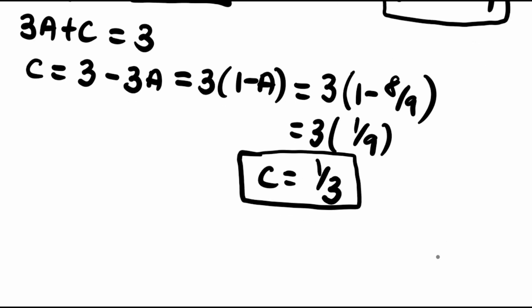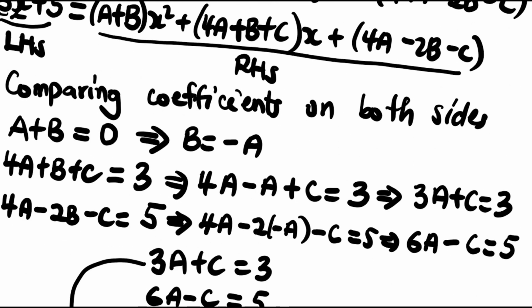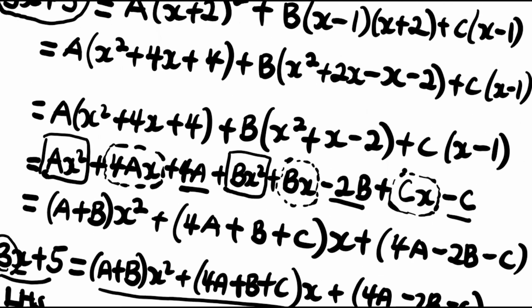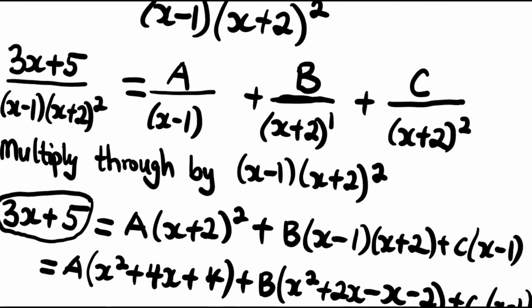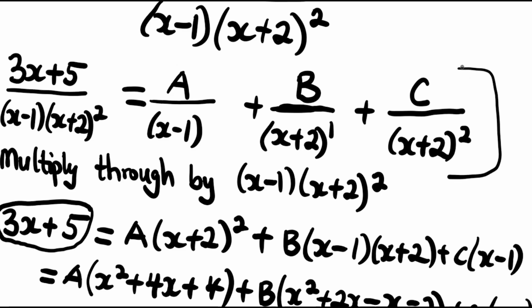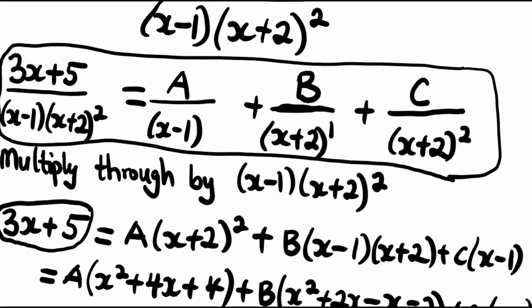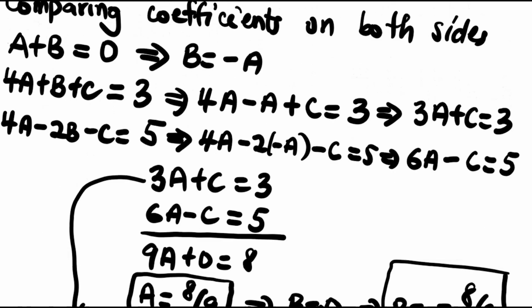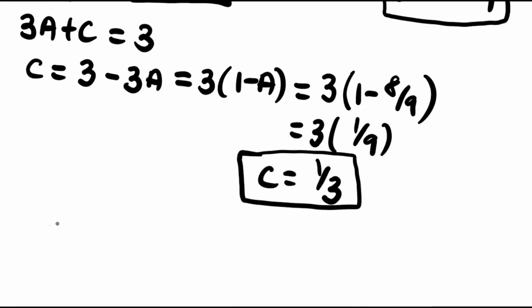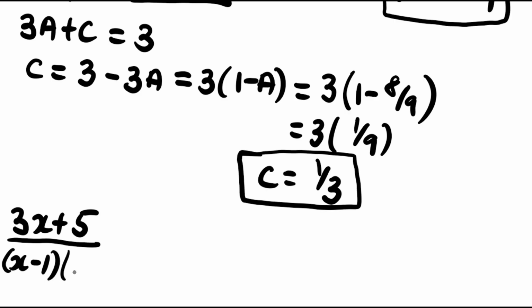So at the end of the day, for the expression that we wrote here, we need to replace the values back. Where did we start from? We started from this whole thing. We need to write this back and put the values of a and b back in it. So we have 3x plus 5 all over x minus 1 multiplied by x plus 2 all squared.